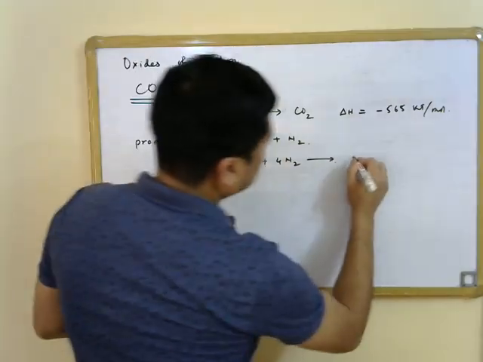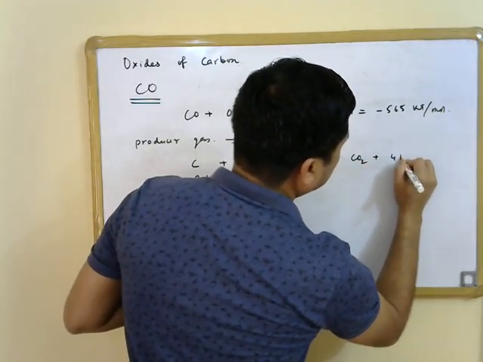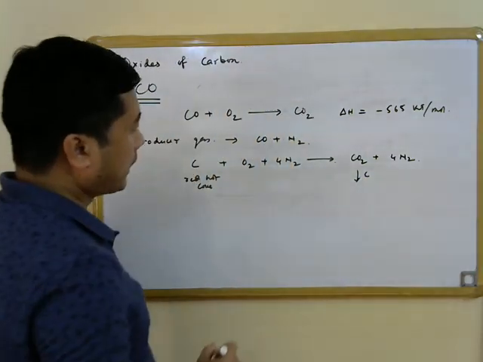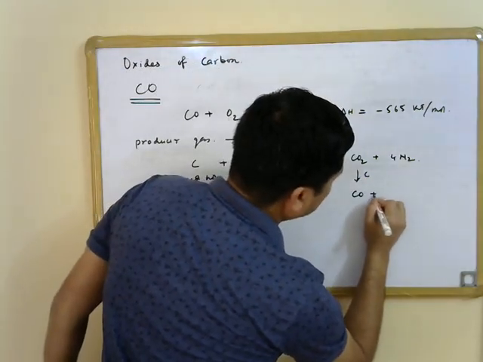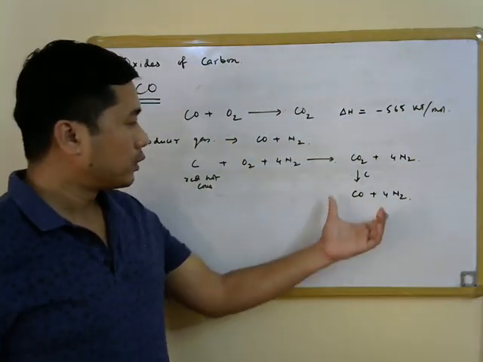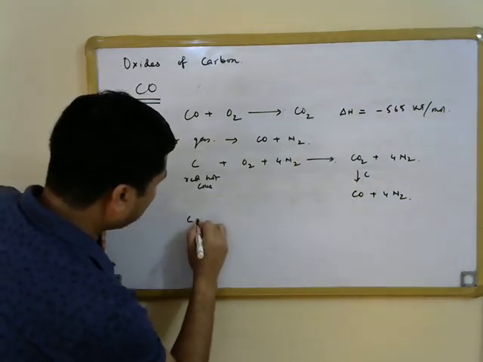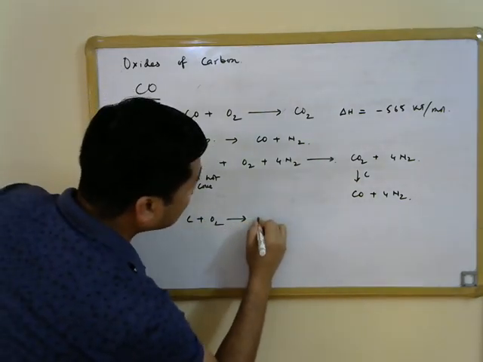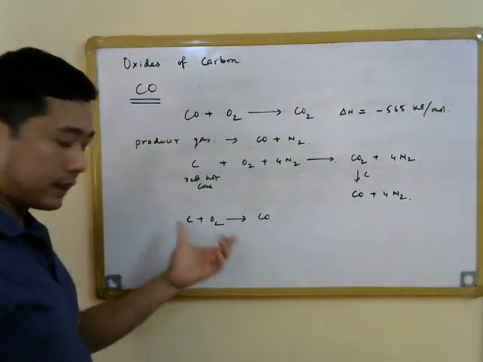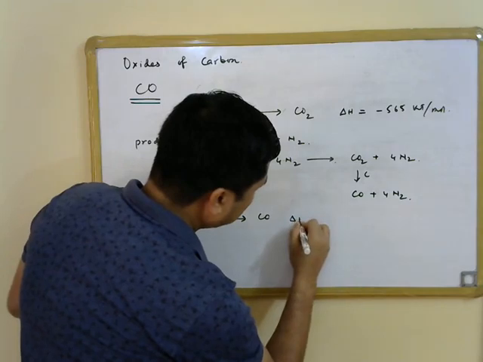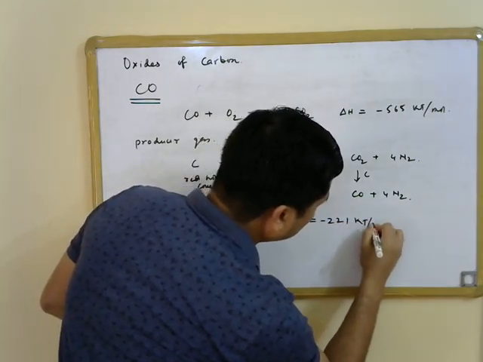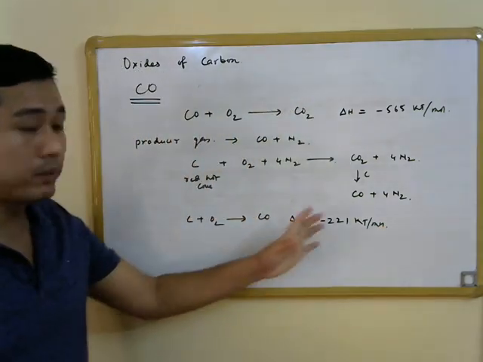Then one produces carbon dioxide, and this upon reaction with carbon will produce carbon monoxide, and nitrogen is going to be there. So the overall reaction is carbon plus O2 giving us carbon monoxide, and the enthalpy of the reaction is minus 221 kilojoule per mole.